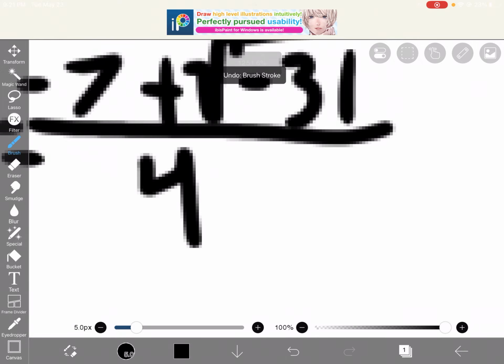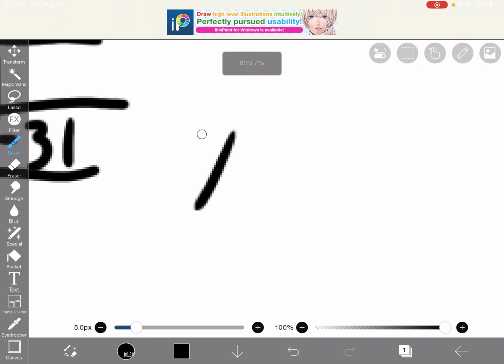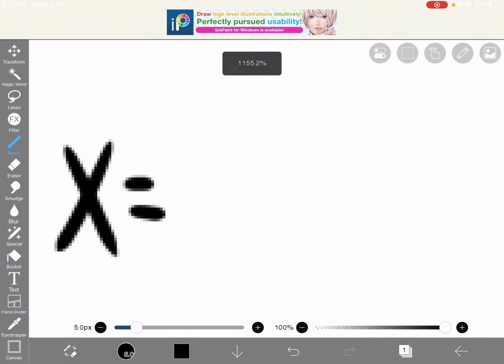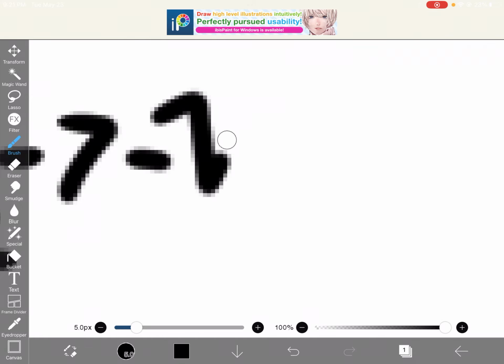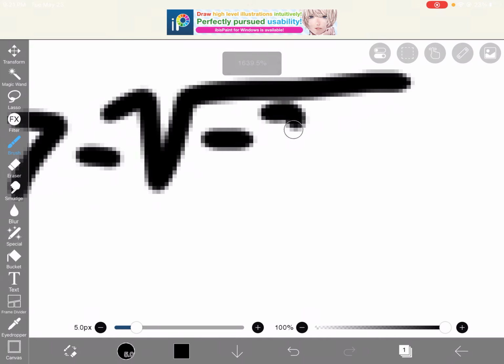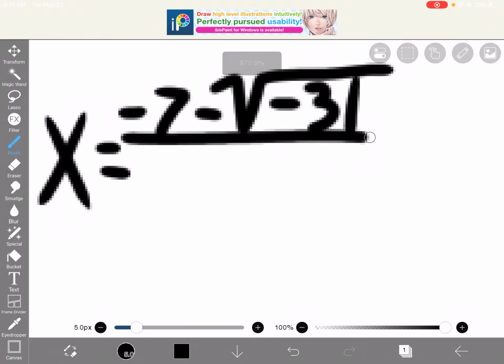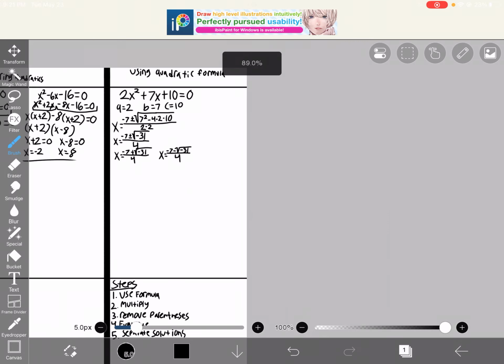It's a long 4. And x equals negative 7 minus the square root of negative 31 over 4. And that's our answer for that question.